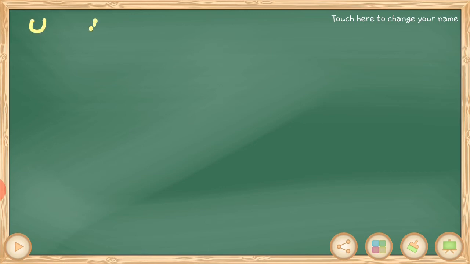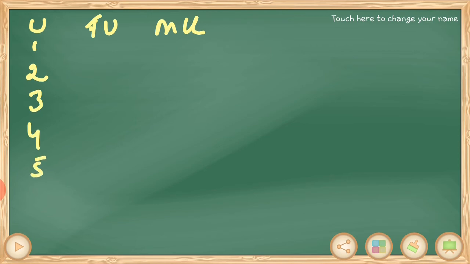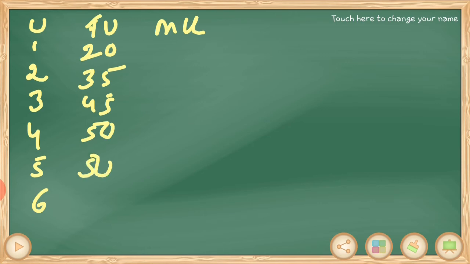So we'll try one more example. Units, TU, MU. 6 units. TU: 20 from the first, 35 second, 45 third, then 50, then 50, then 45. How to calculate marginal utility?